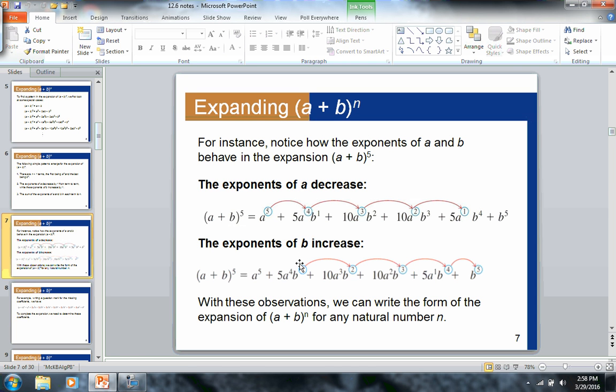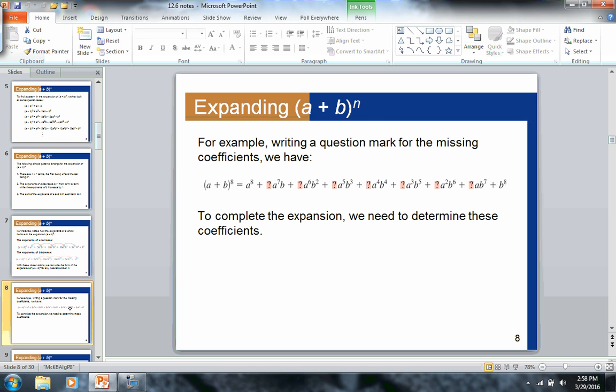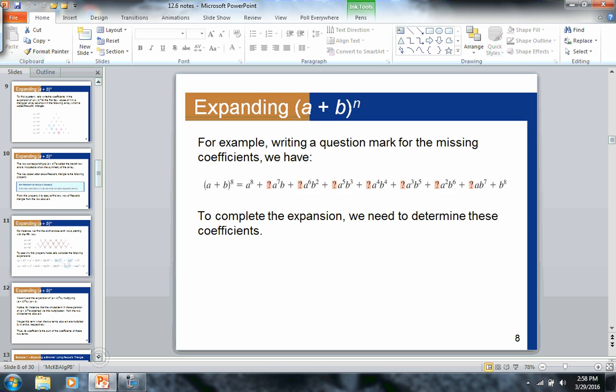The second term has b to the first, and then you go to the second, to the third, to the fourth, to the fifth. And the other way to think about it, which I think can be helpful, is that your very last term has b to the n power. So in this case it's 5, and then it goes backwards, 4, 3, 2, 1, and then you have none. Okay. So again, these are observations that are going to help us come up with the rule for expanding binomials.